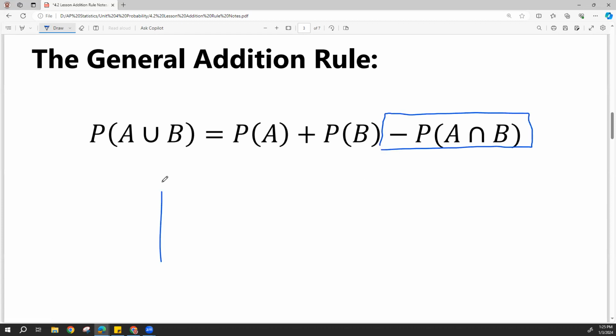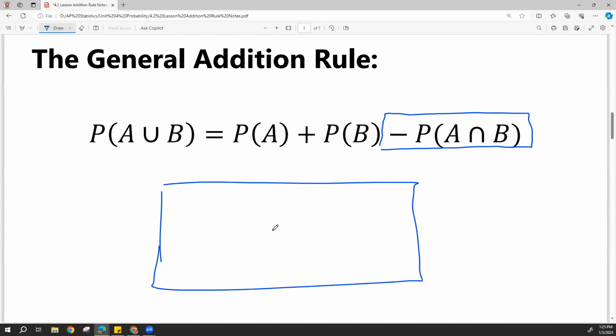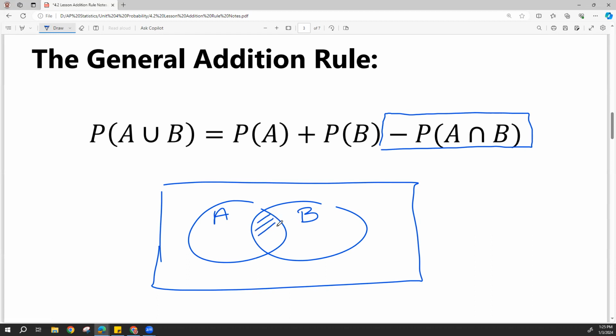So if we were looking at a Venn diagram of these two events, A and B, for them to be not mutually exclusive, for them to be not disjoint, that means there is some overlap. There is this space in the Venn diagram where these two events have some elements in common, meaning you can be in A and B at the same time.